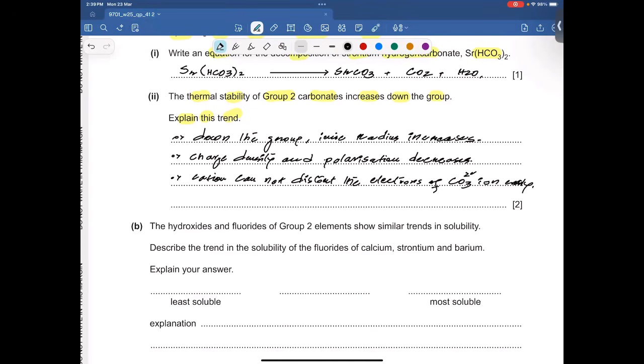So more temperature is needed for thermal decomposition. And therefore thermal stability down the group increases.